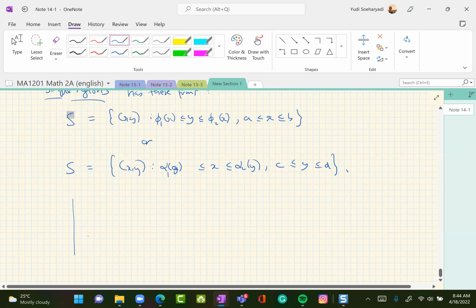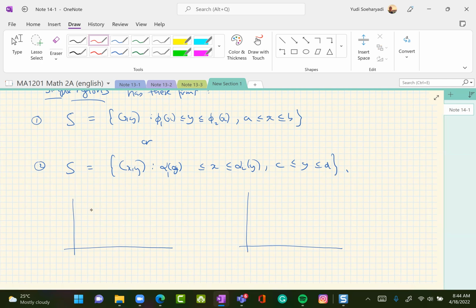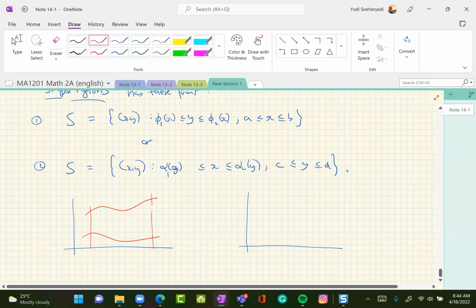So the picture looks like this one here. This is 1 and 2. In the first, you have y equals c2 and y equals c1.